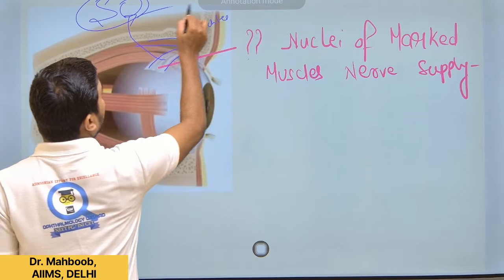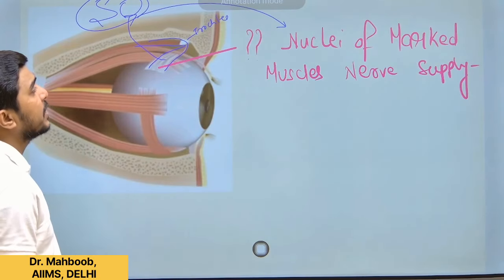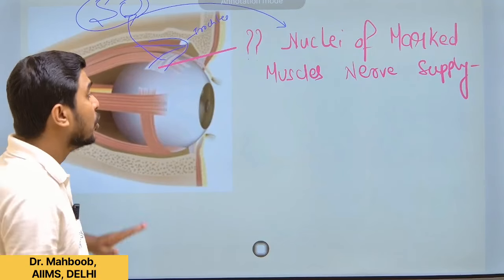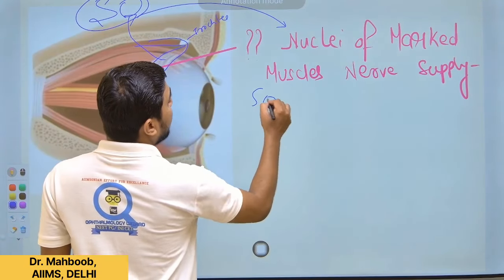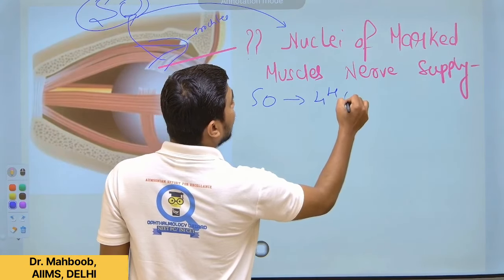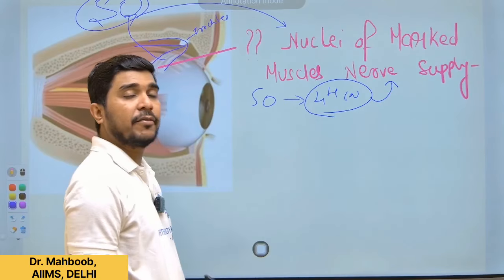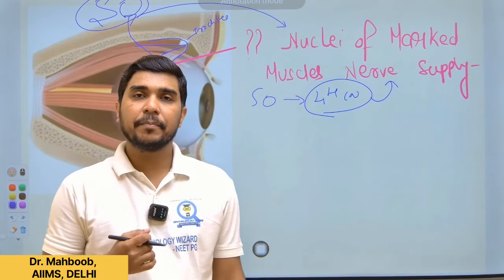That means we have to find that they are talking about the superior oblique muscle. Superior oblique is supplied by the fourth cranial nerve. That means we will talk about the nuclei of the fourth cranial nerve.